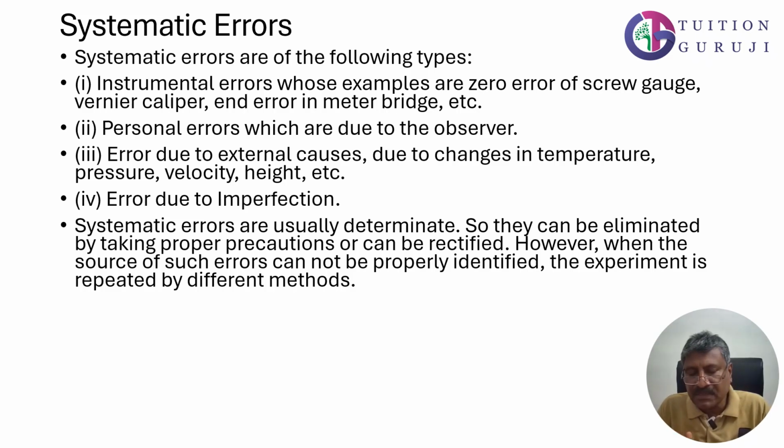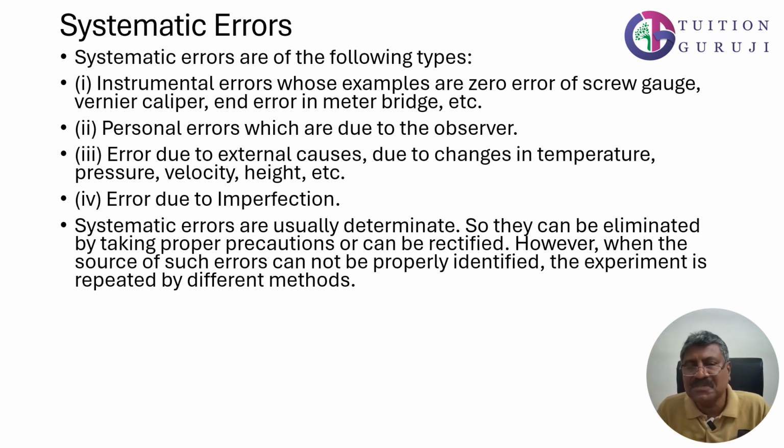Therefore, to minimize parallax, there will be a mirror under this needle, and when you look from the top, the image should coincide with the needle. Then there won't be any parallax.